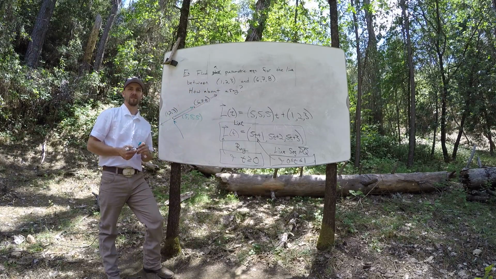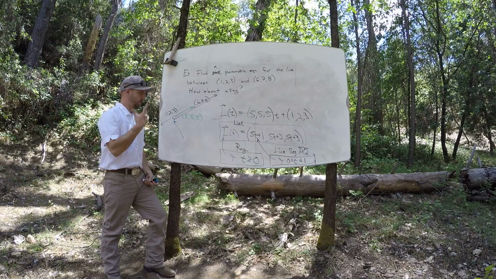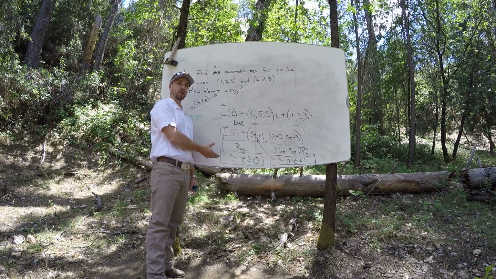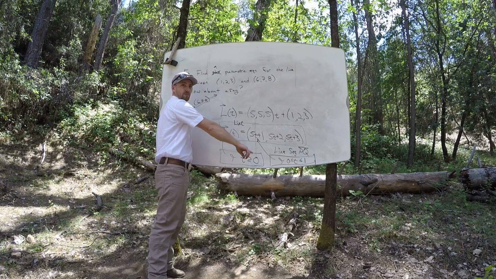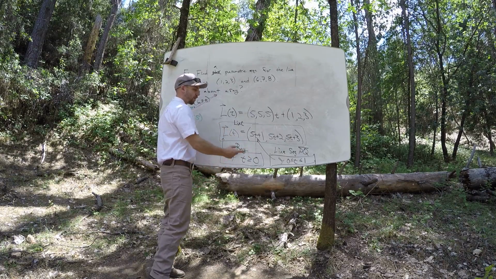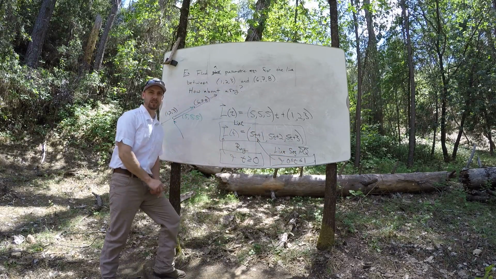It depends on what you want. To give you good notation, I would rewrite this with t greater than or equal to 0 for the ray, and for the line segment I would rewrite L with t between 0 and 1.